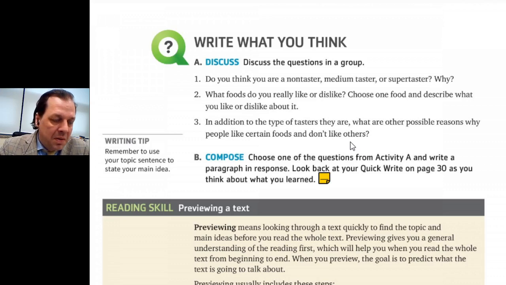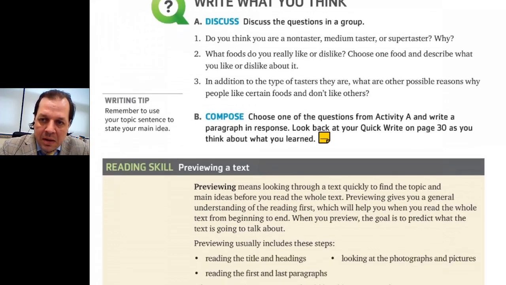Or maybe there was a food that made you sick at some point in your life. It's not a very attractive food for you anymore. Alright, anyway, you can think of your own ideas and your own reasons and write them down, please, in full sentences.